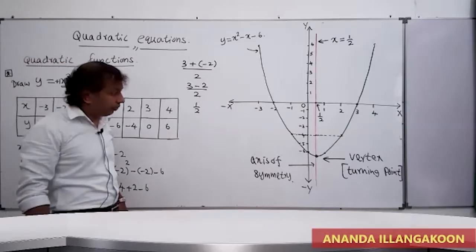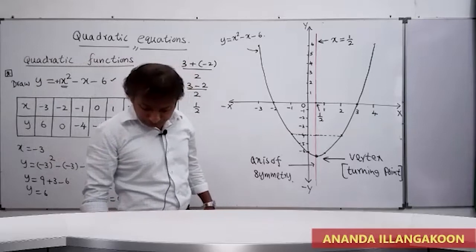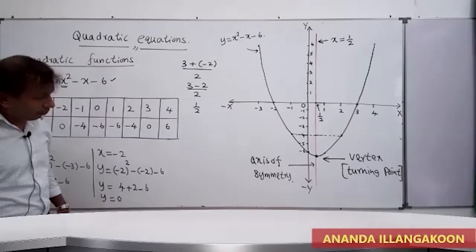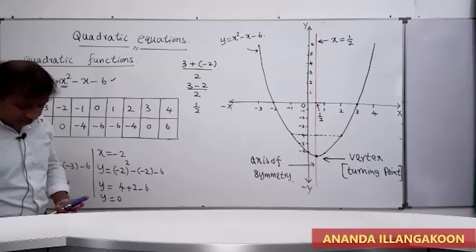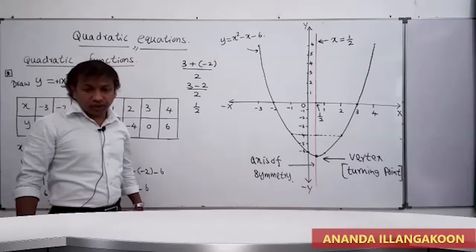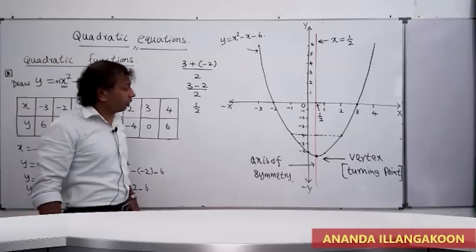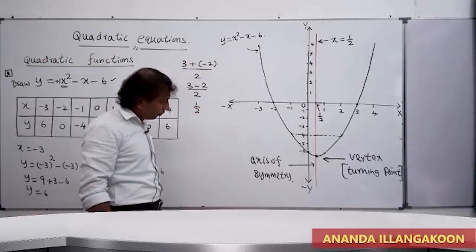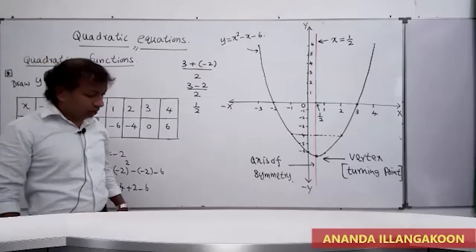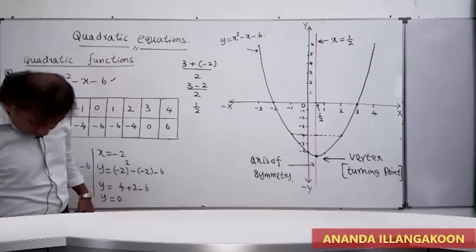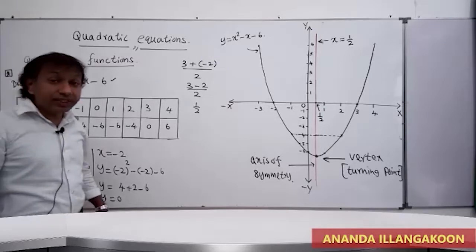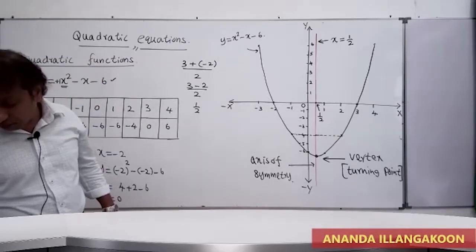Write down. The lowest point on the graph is called the vertex.